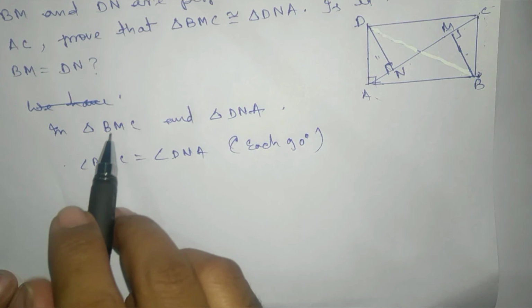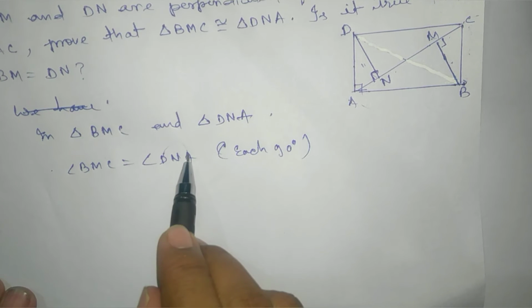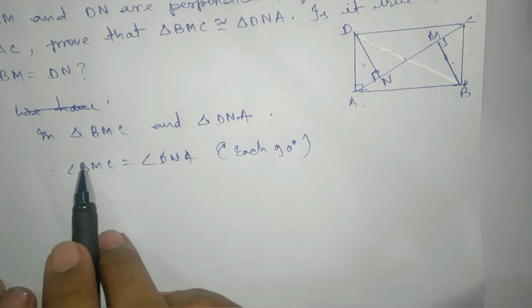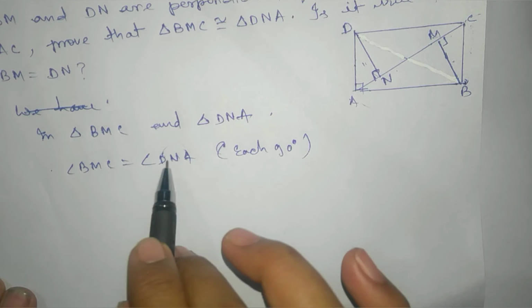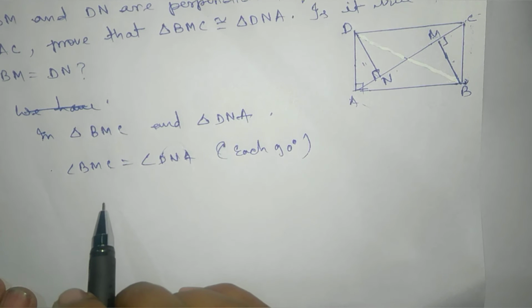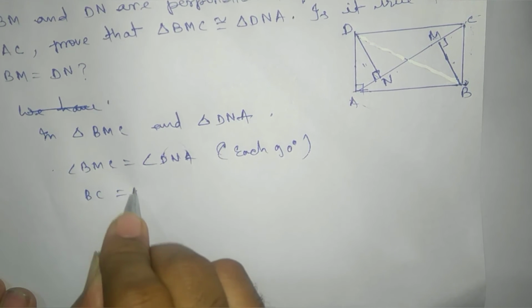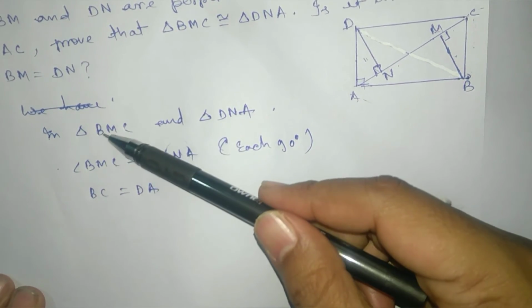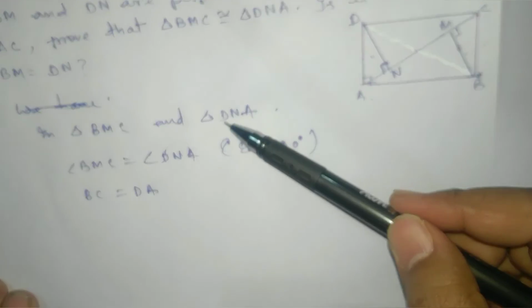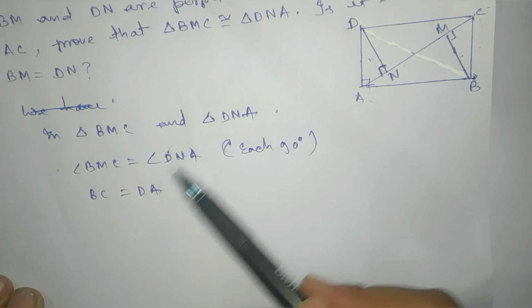So here we're going to write BC equals DA, as the corresponding side of BC is DA. AD you can also say, but according to the style it has been written here, we're going to say corresponding sides, which is very important in congruent triangles. So whatever triangle parts are there for BMC we write this side, and for DNA we write this side. If we take this one on this side, then you need to say this one on this side.